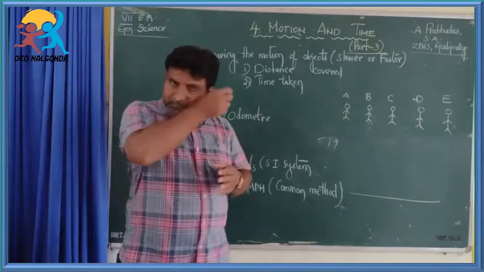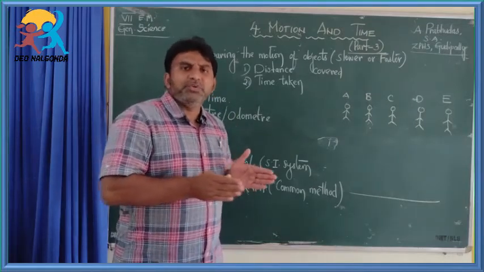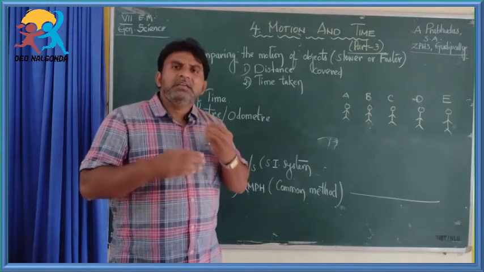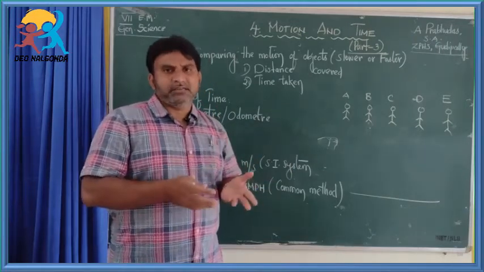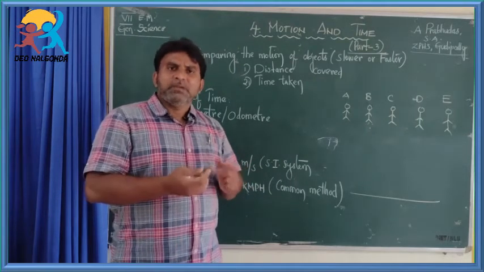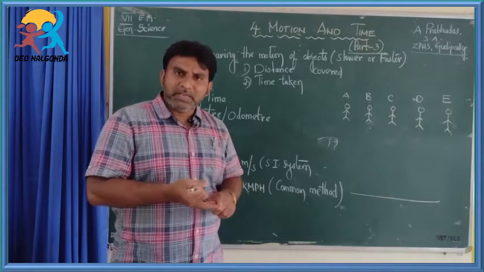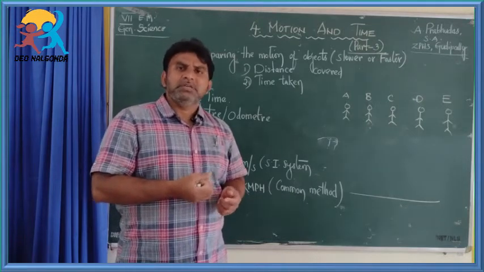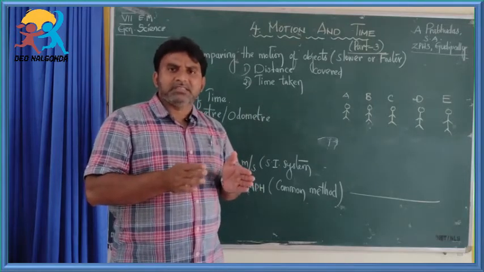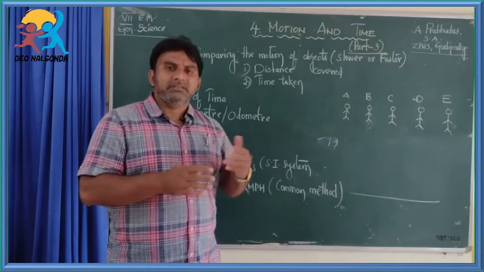A vehicle may not move with a uniform speed, meaning it cannot travel with equal speed. The reason for this is there may be traffic or the road may not be in good condition and some other reasons. So, the vehicle travels with different speeds at different intervals of time.